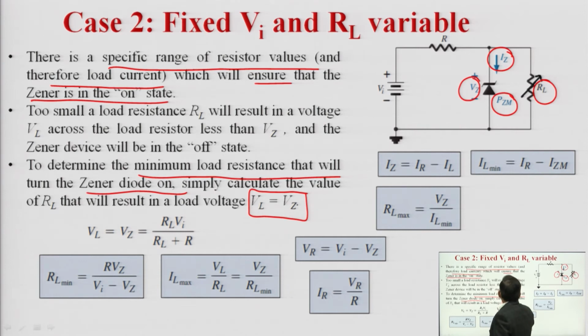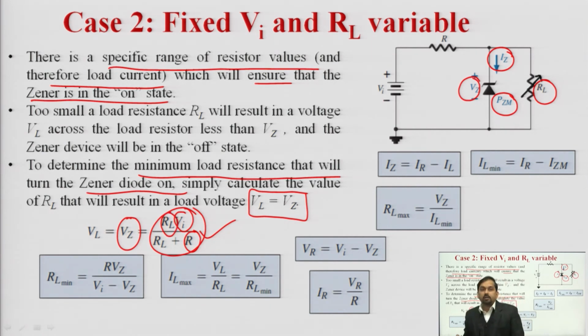So, we can say that the load voltage VL equals Vz, and this is nothing but the voltage divider: RL multiplied by Vi divided by RL plus R. Now, we can clearly see from this expression that Vz is fixed, Vi is also fixed, the series resistance is fixed, so RL has to be some minimum value so that the load voltage is equal to Vz.